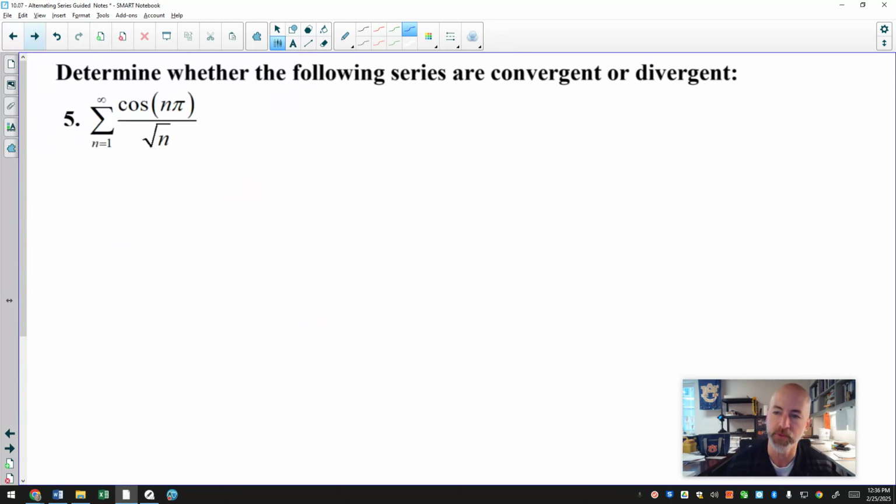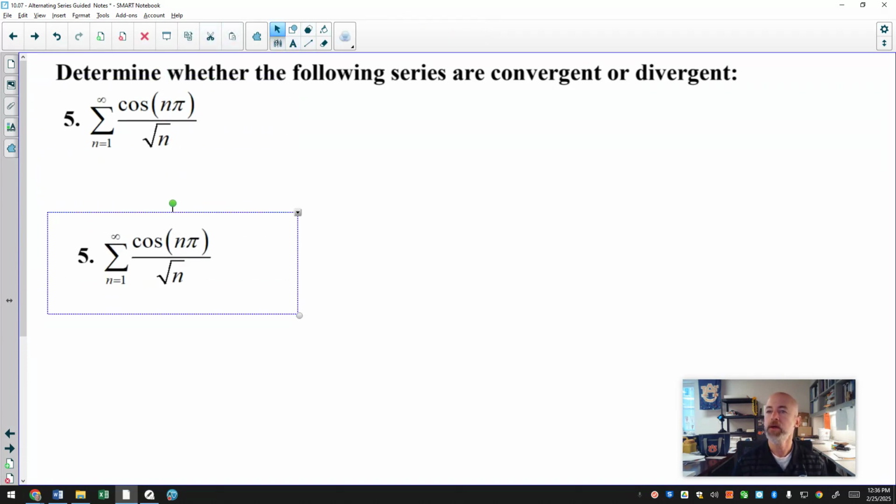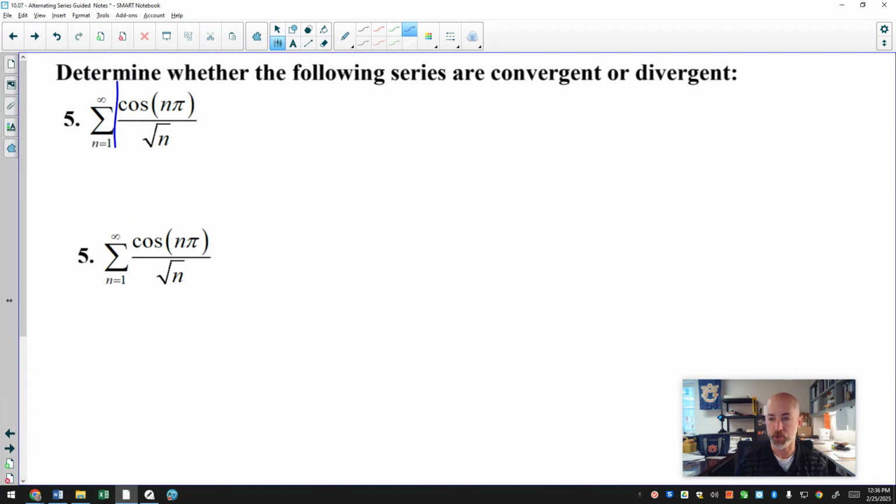Okay, so let's look at this one. This is a neat one. This is a really neat one. Now I'm going to make another copy of that. I could, on this one, try the absolute value trick like I did with sine n earlier. And just like sine, cosine is indeed less than 1.